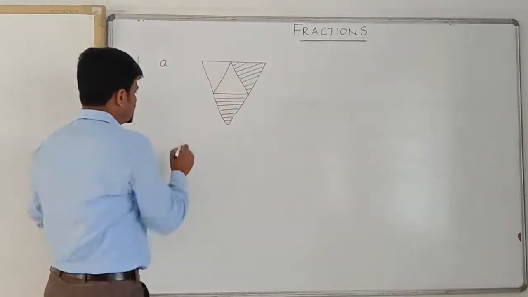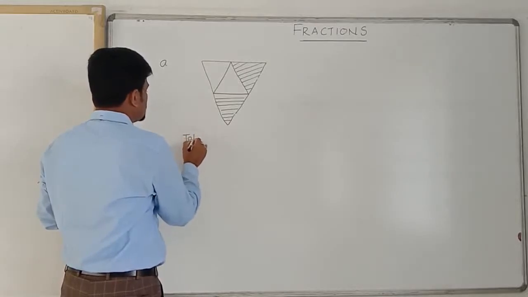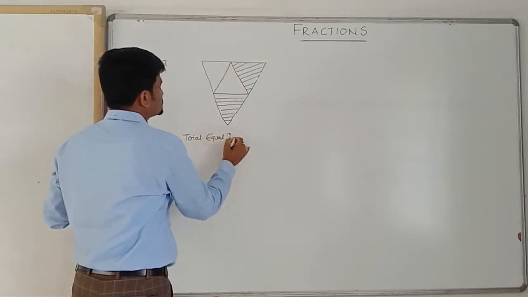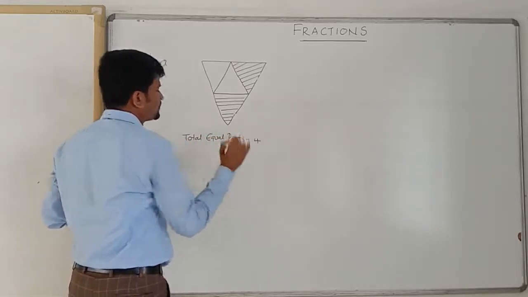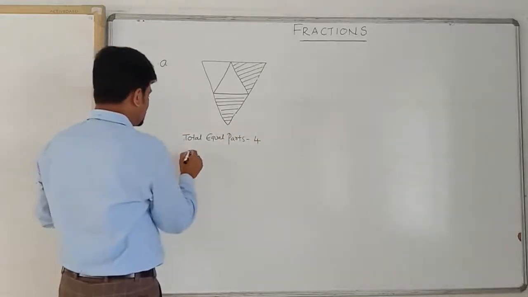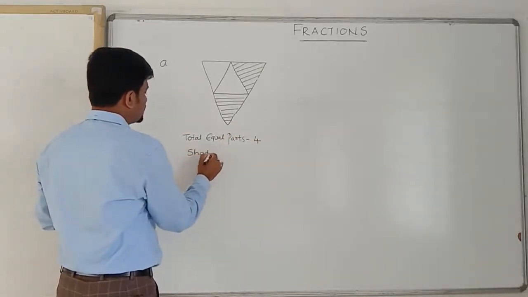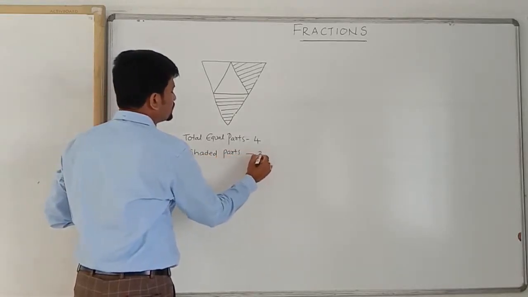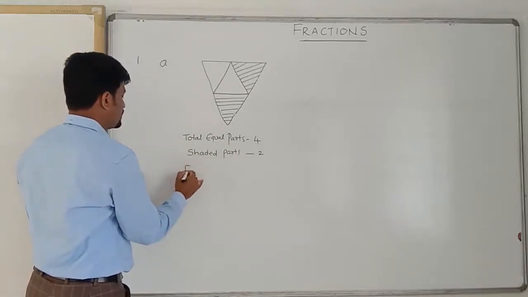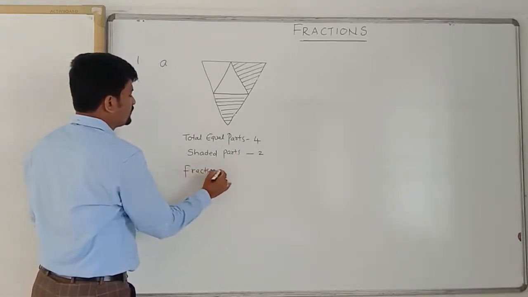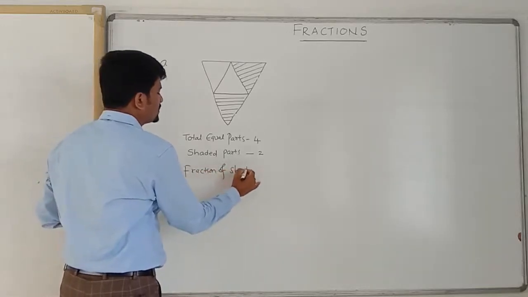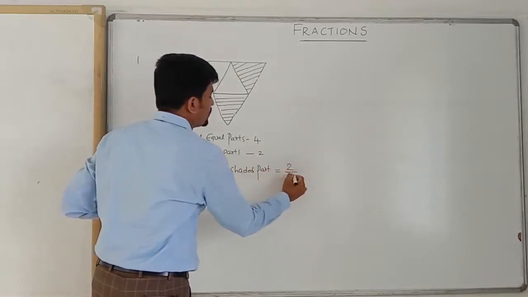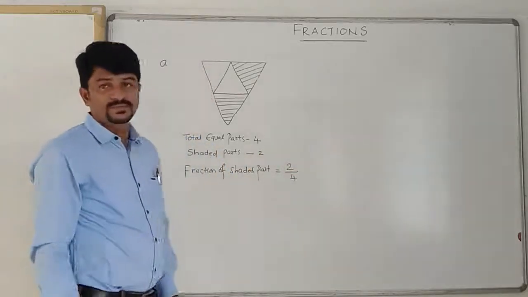Am I right? Here the total number of equal parts is 4. Now how many shaded parts are there? 2. Therefore, the fraction of the shaded part is 2 by 4. Am I right, children?